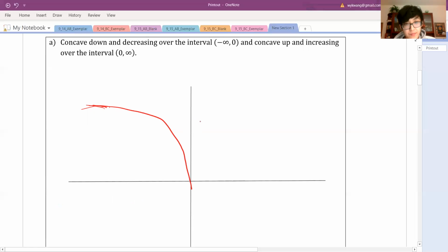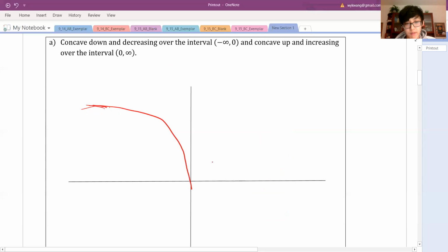And it is concave up and increasing over the interval. So concave up means, again, let's just draw the tangent line. The tangent line starts off like this, and then it increases a bit more, increases a bit more. So you can see the function be shaped like this. It's curving up, if you want to think about it in that way.